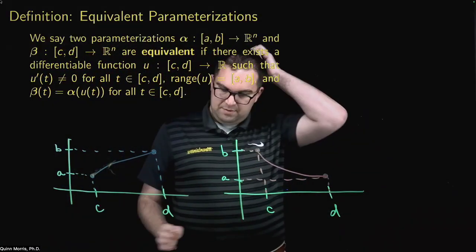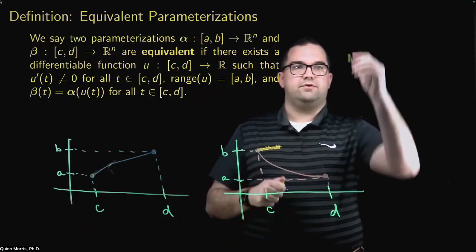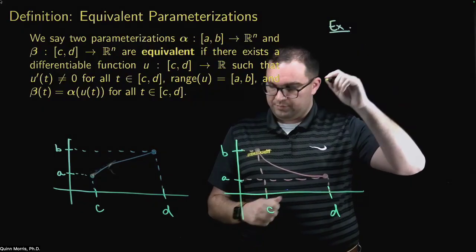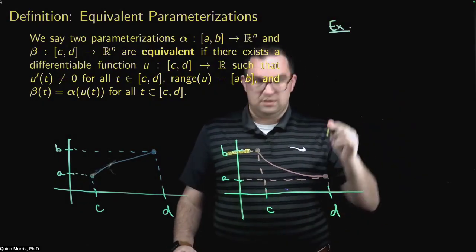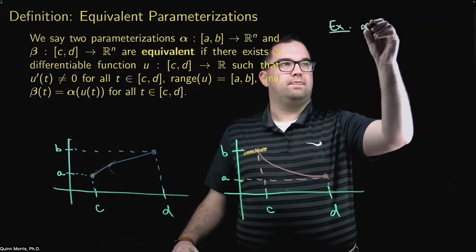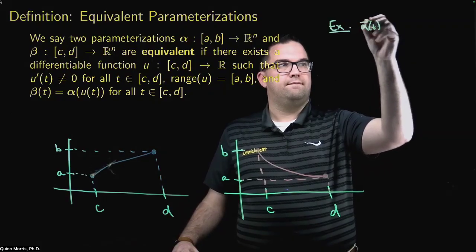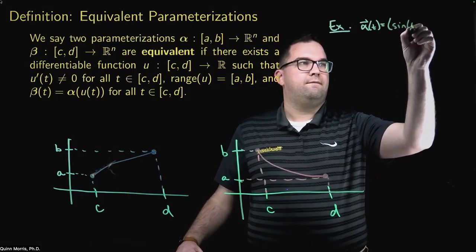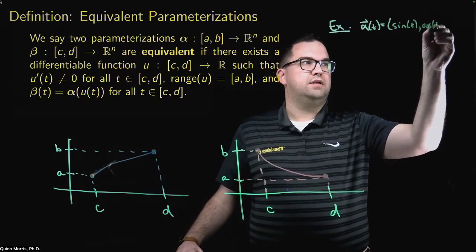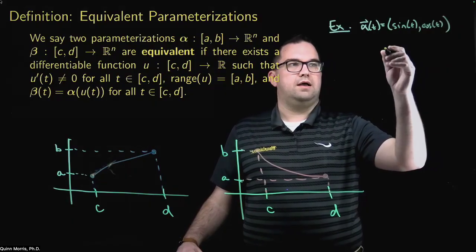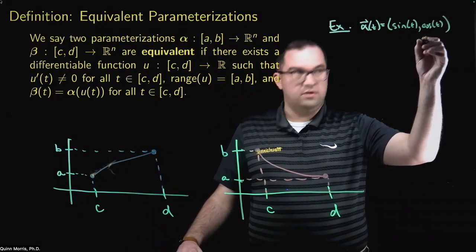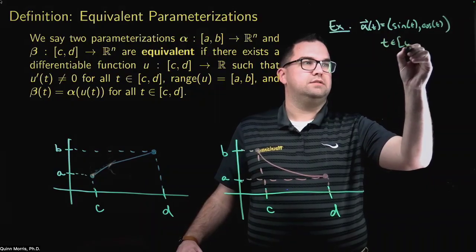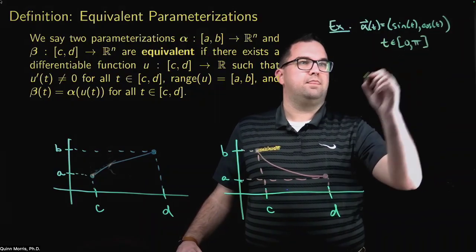Now, to make this a little more concrete, you could consider the following example. What if we let alpha of t be sine of t, cosine of t, for t in 0 to pi.